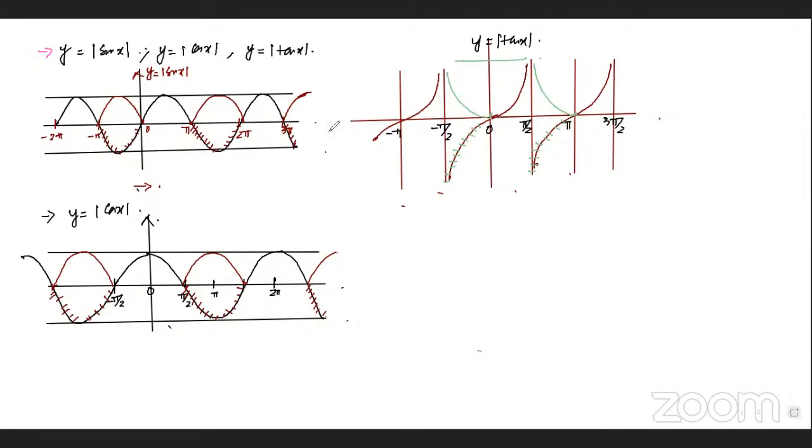Okay, let's go to the next slide now. Now, there are certain problems we have to discuss. Number one, solve for x. Solve for x, that means to find the value of x, to find the domain of this function. What is the function? The first one is mod of x minus 1, bracket close, mod of x minus 2, bracket close, is less than or equal to 0. What does this mean?